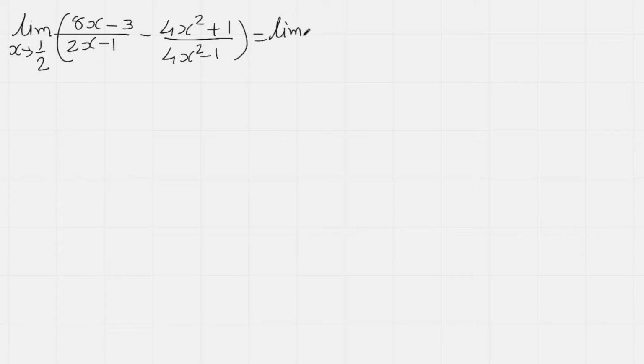Okay. So limit x approaches 1 over 2. Let us keep 8x minus 3 divided by 2x minus 1, minus 4x square plus 1, as it is. And 4x square minus 1 is of the form a square minus b square.